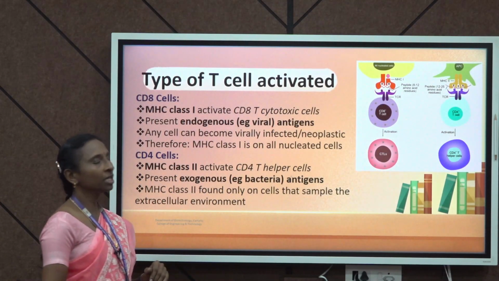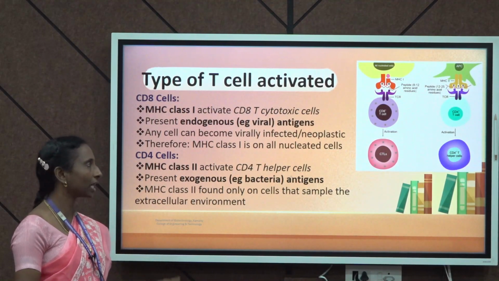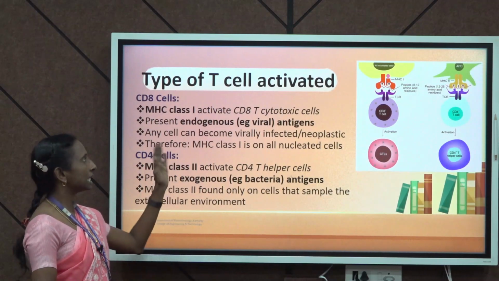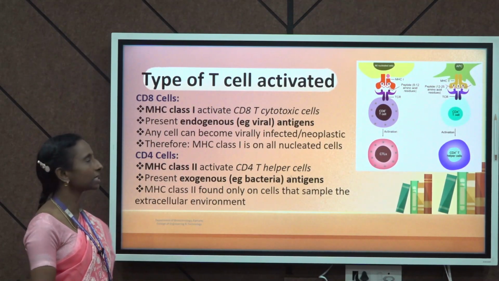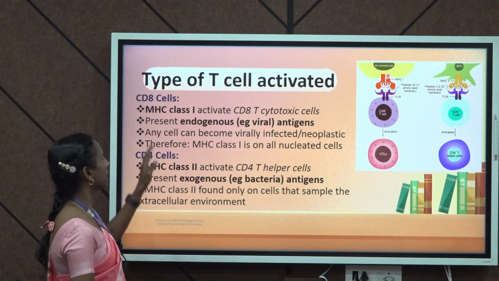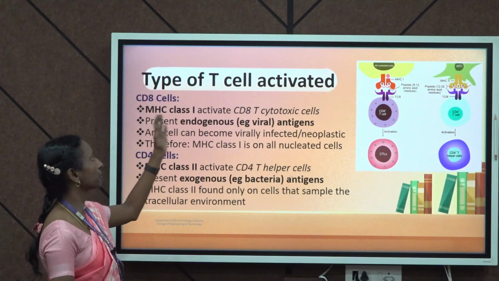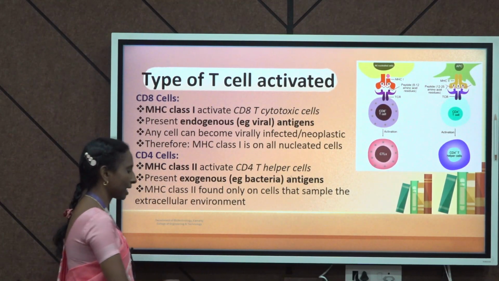Coming to the types of T cells involved with different types of antigens, we know there are two major types of T cells: the CD8 cells or the cytotoxic T cells, and the CD4 cells or the T helper cells. CD8 cells are presented with an antigen by class 1 MHC molecules, and the antigens presented are the endogenous antigens.